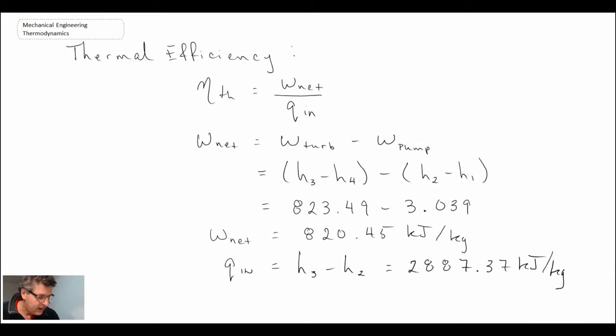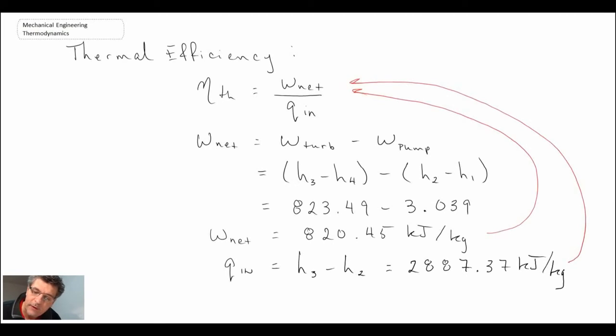So there we have work net and Q in, and with that we can go back and take each of these and plug them into this equation up here. So let's go about doing that, and then that will enable us to determine the thermal efficiency of this cycle.